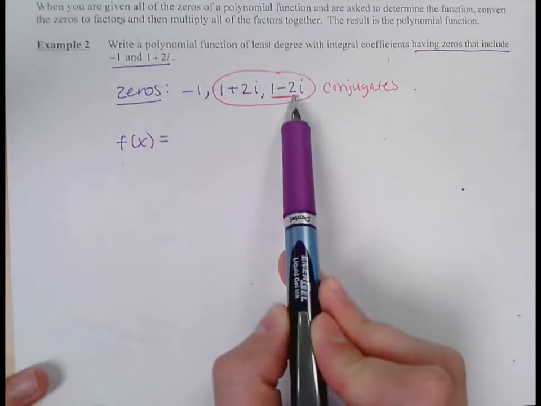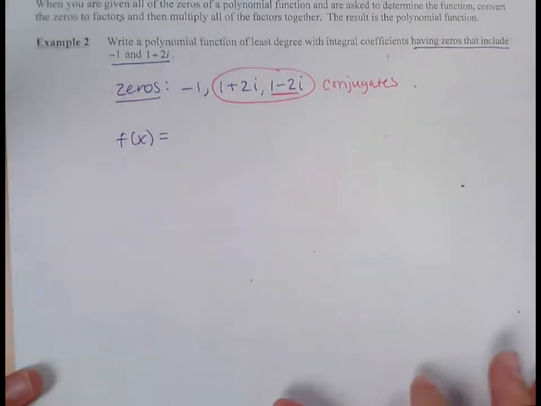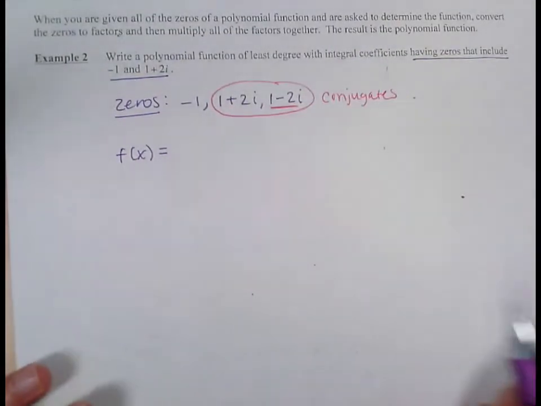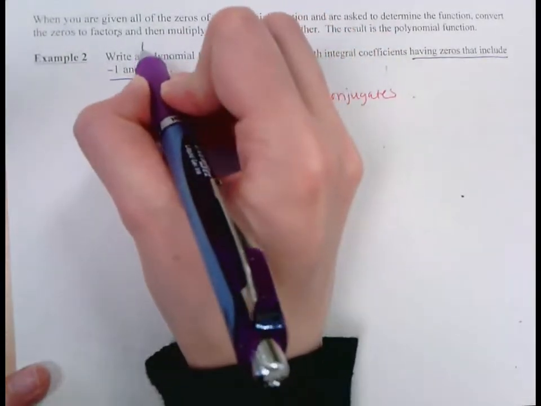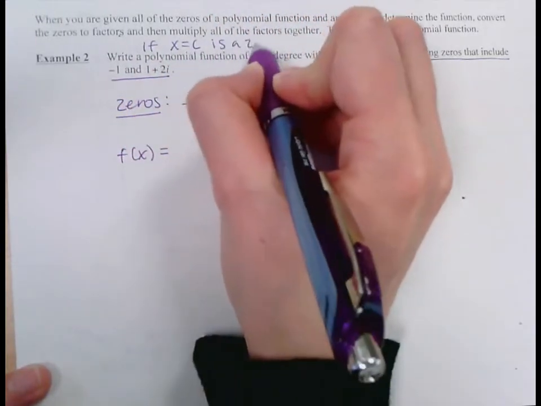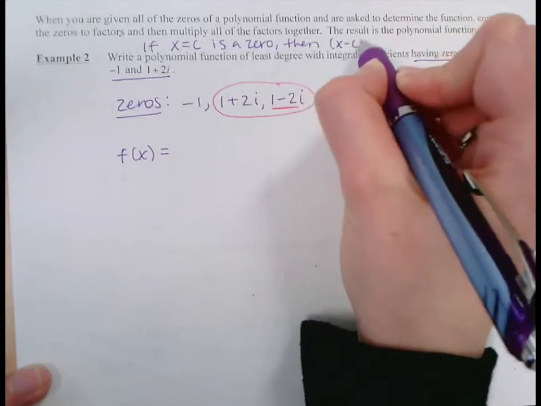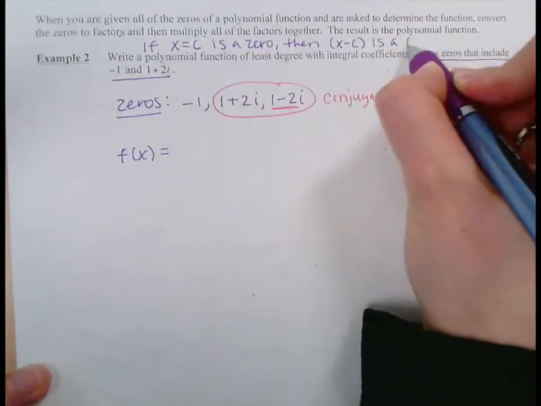You take the zeros and you first write it in factored form. So I'm going to review this with you too. This was the factor theorem. It said if x equals c is a 0, then x minus c is a factor.